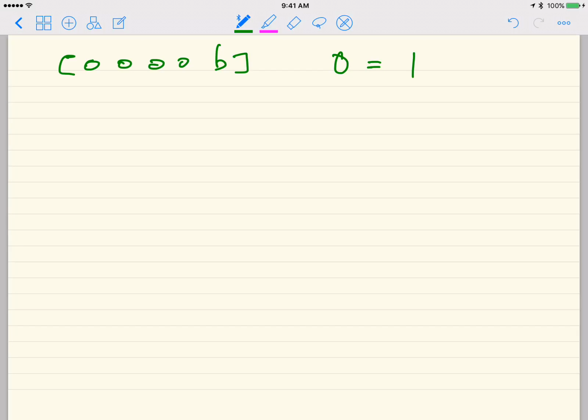So that's when we have no solution. But in this case, it does not satisfy the theorem 4 that we just learned. Let me ask one question.